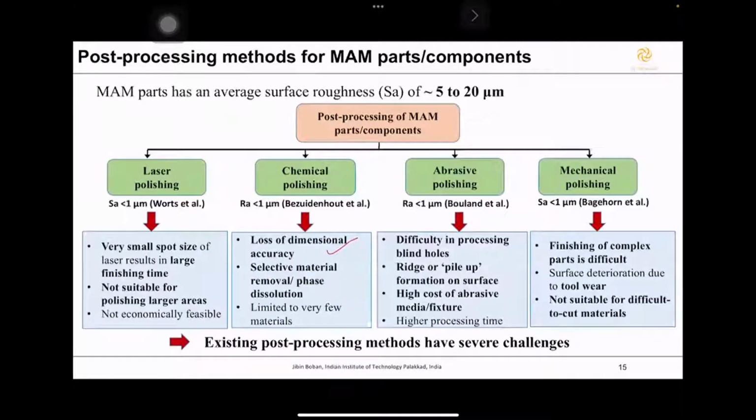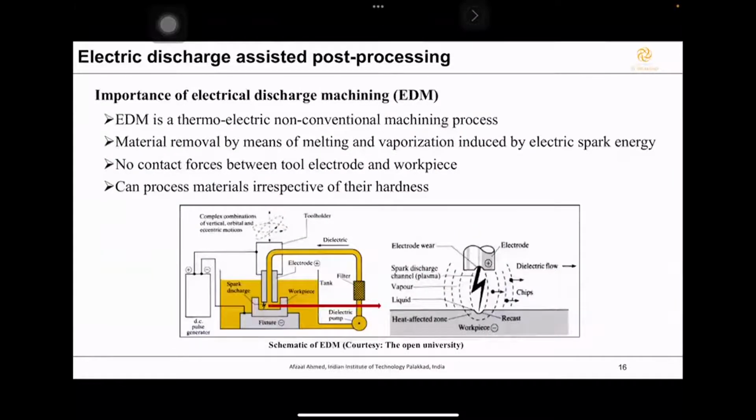As you can see in the previous slide, people have been using mechanical processes like milling or drilling or some other methods to process these implants. So why can't we use a non-conventional method where things are slightly easier to handle compared to other processes, and the reach of this process is much higher, which I'll explain in some of the coming slides.